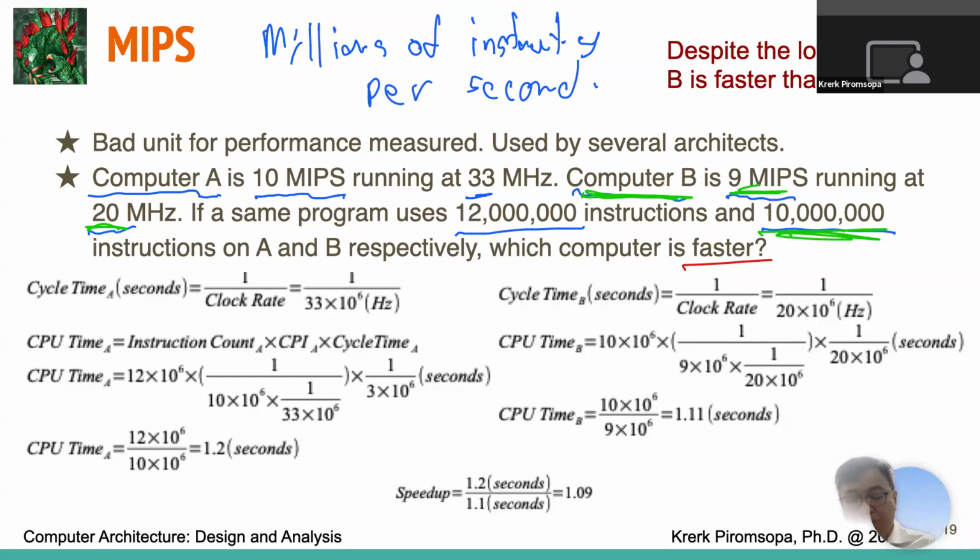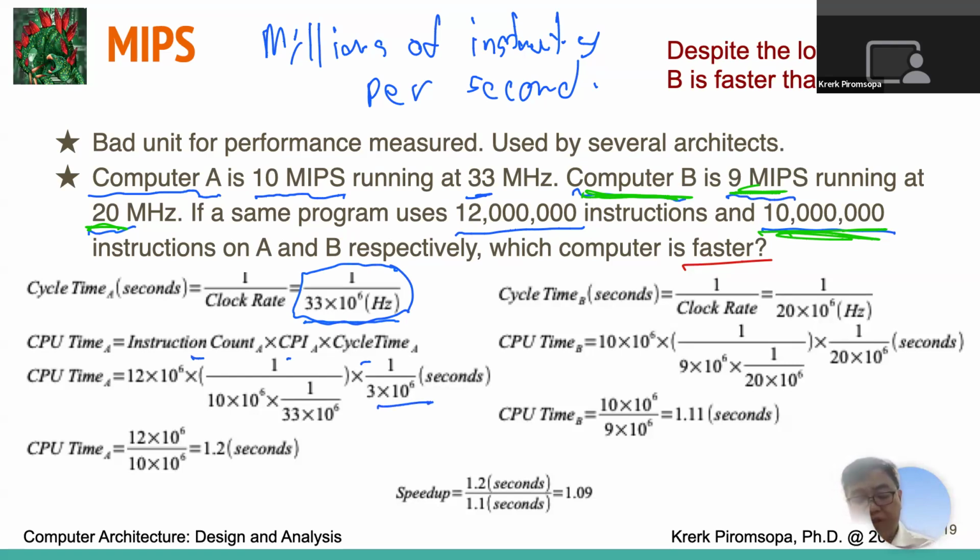Since I already did some calculation for you, maybe I'll just explain it. Computer A, in blue, says 33 megahertz. Converting it to seconds would be 1/(33 times 10 to the 6). This is the cycle time for computer A. And we learned that CPU time is a function of instruction count, CPI, and cycle time.